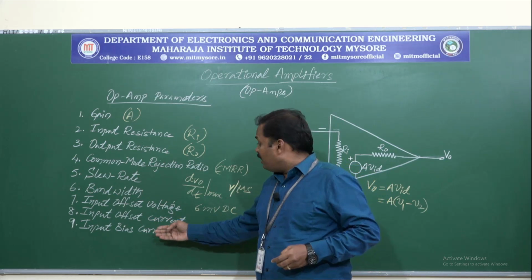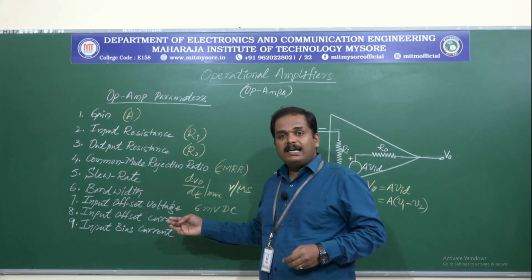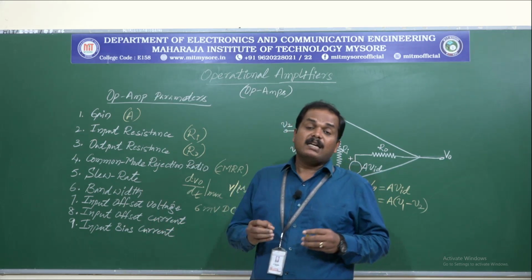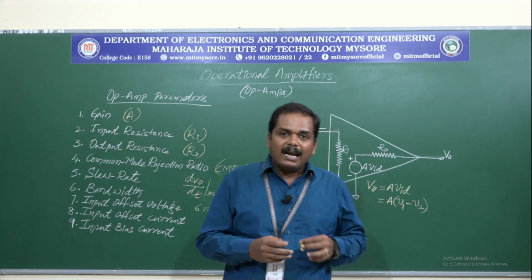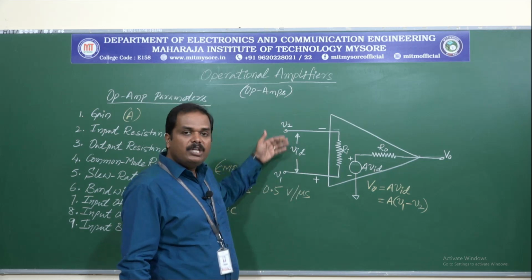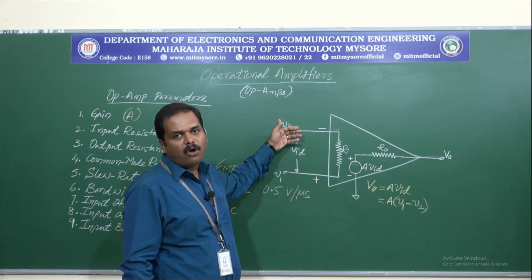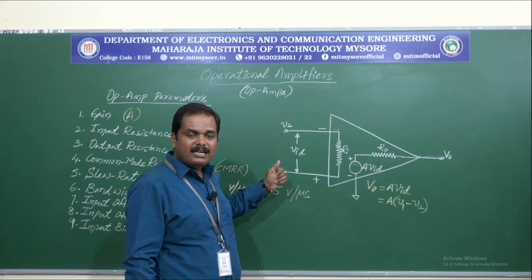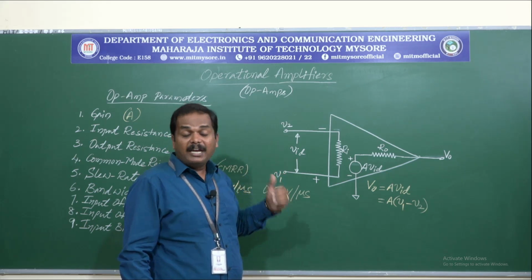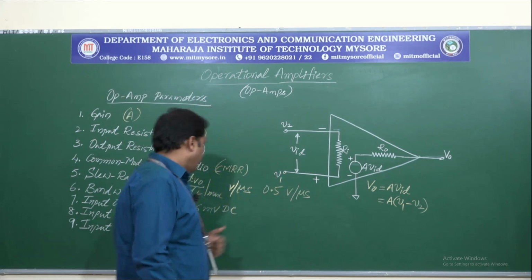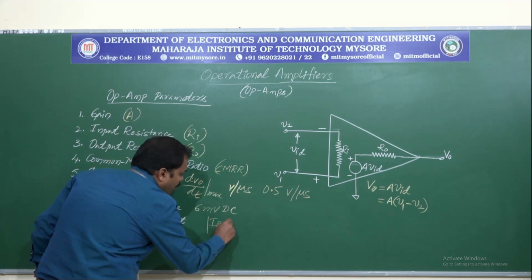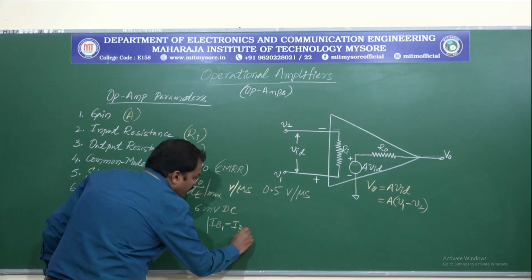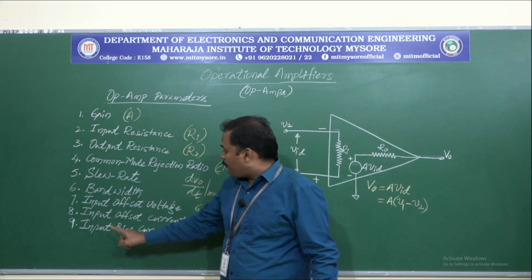And the next parameter is the input offset current, which is defined as the algebraic difference between the currents that are flowing into the inverting terminal and the non-inverting terminal. These currents are represented as IB1 and IB2.